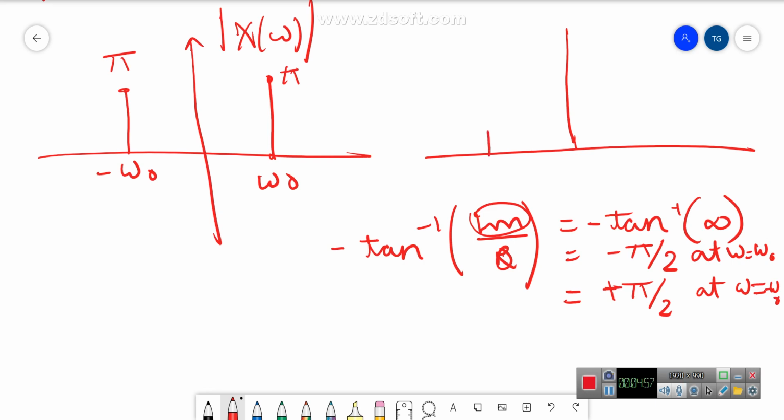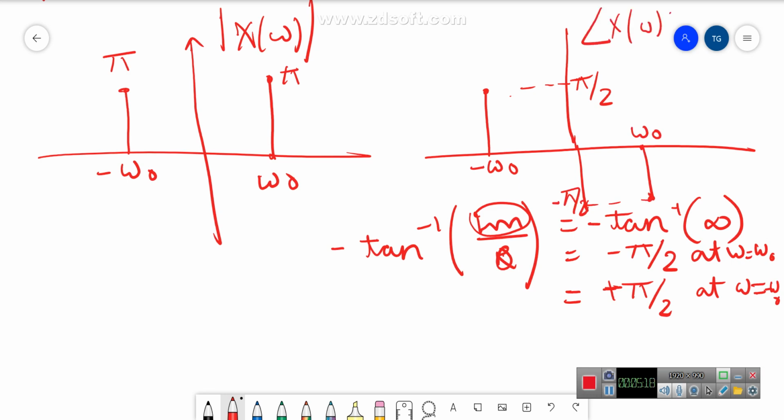So at minus omega naught it is having a value plus pi by 2, and omega naught has a value of minus pi by 2. So this is my phase spectrum of X of omega.